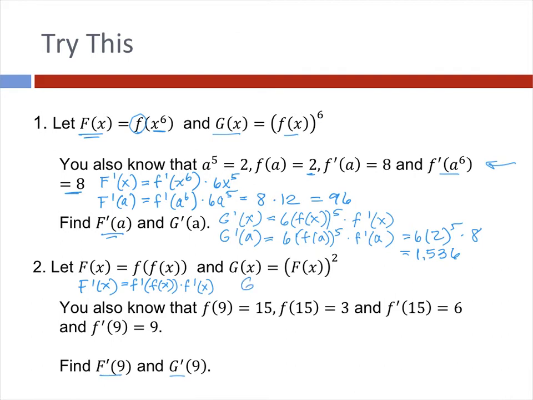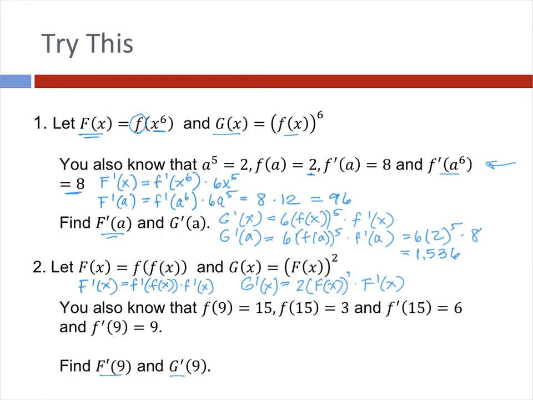And g prime of x is equal to, we have an outside function of x squared. So we bring the 2 down and we leave the inside alone. And then multiply it times the derivative of the inside. All right?